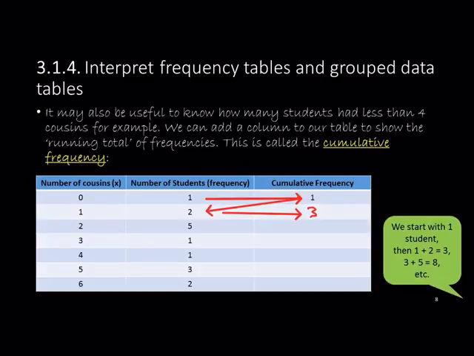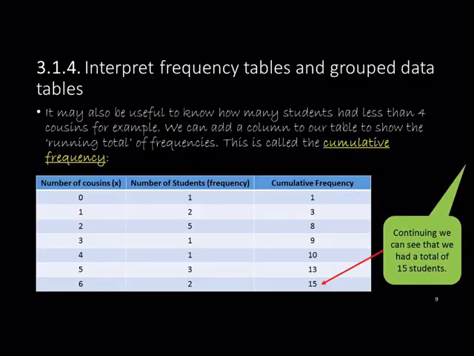Then we'll do the 3 plus the 5 from the next class, and that gives us 8. Then 8 plus the 1 equals 9, and we continue in this fashion until we have completed all of the rows. And this is useful because we can see at the end our total number of students is in fact 15.